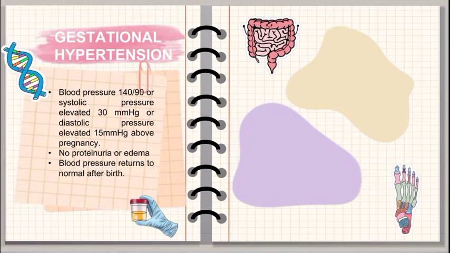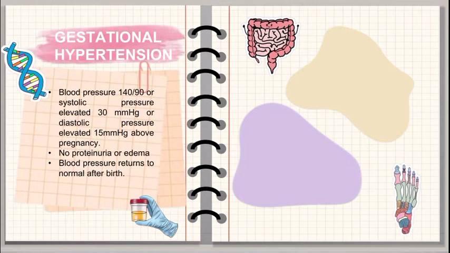A woman is said to have gestational hypertension when she develops an elevated blood pressure which is 140/90 millimeters of mercury, but has no proteinuria or edema. Perinatal mortality is not increased with simple gestational hypertension, so no drug therapy is necessary.